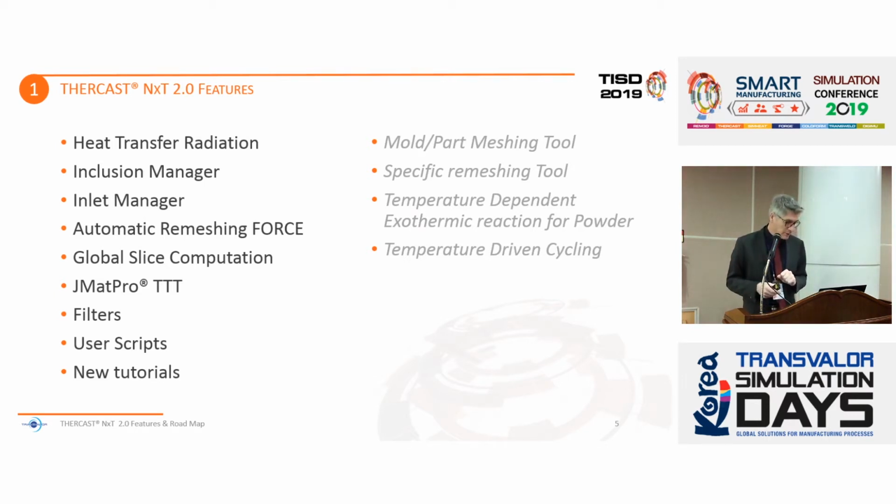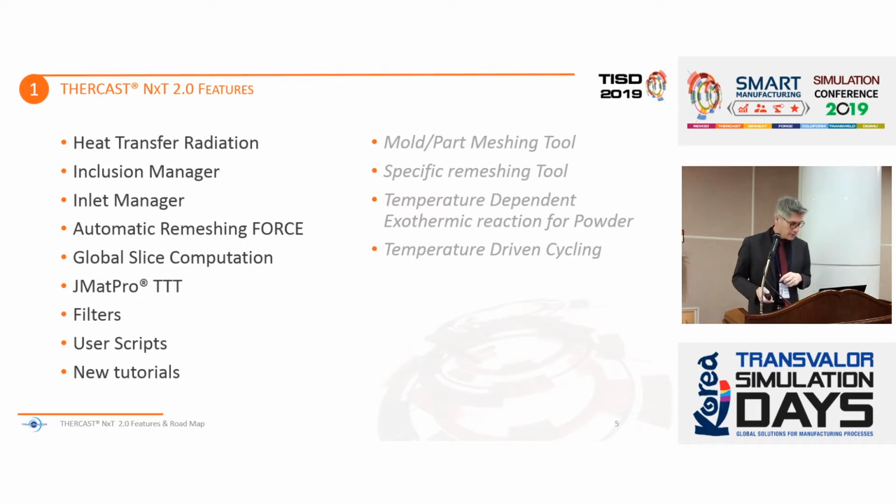And in the same way regarding the driving of the thermal cycling, now it's possible to pilot the opening of the mold in order to check out the part at a given temperature, so also from a trigger value. So technically, the time of the checkout will be a result of the computation and no more an input, which is really interesting in order to optimize thermal cycling in its globality.